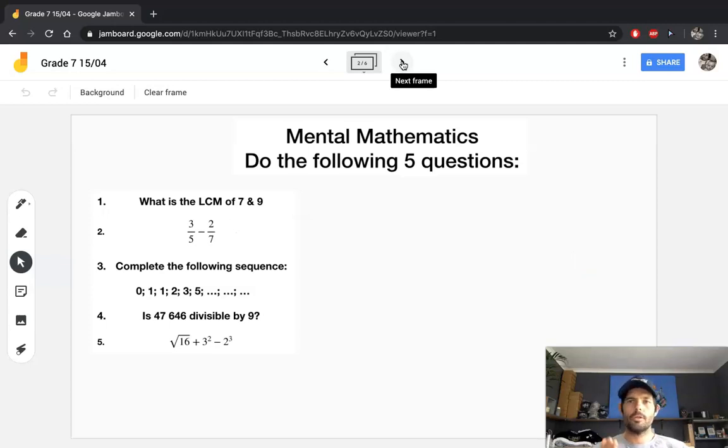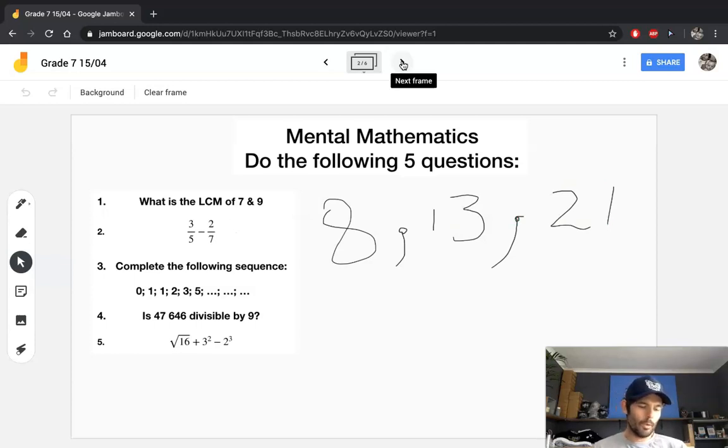The next term is 3, so the 2 plus the 1 is 3. The 5 is equal to the 3 plus the 2 before it. So the next number after the 5 is going to be 8, because 5 and 3 is 8. The number after 8 is going to be 8 plus 5, which is 13, and the number after 13 is 13 plus 8, which is 21.